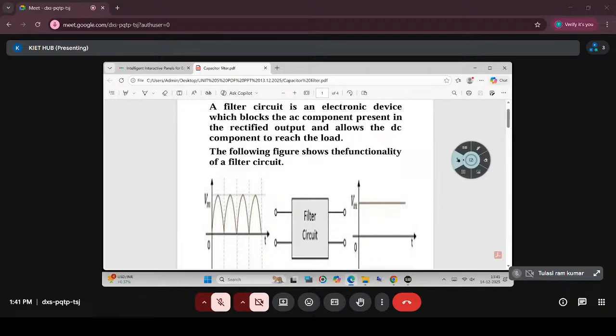Now we have 4 types of filters, but we discuss only 2 types out of the 4, inductor filter and capacitor filter.